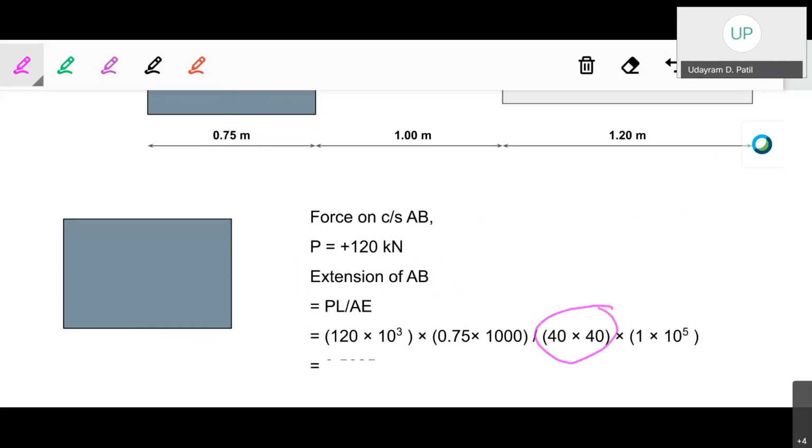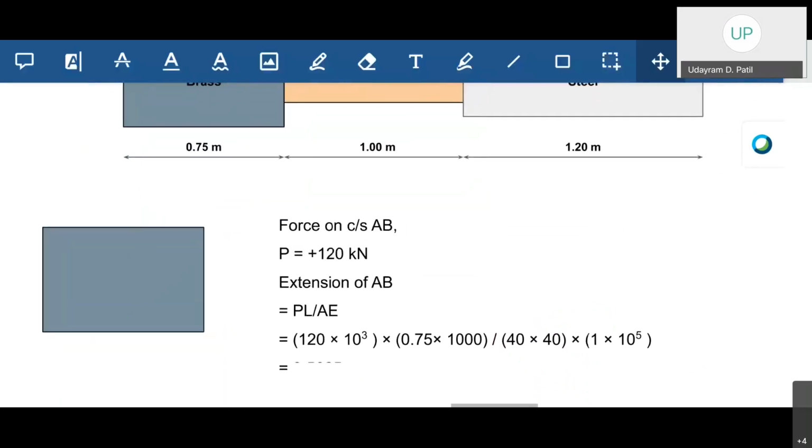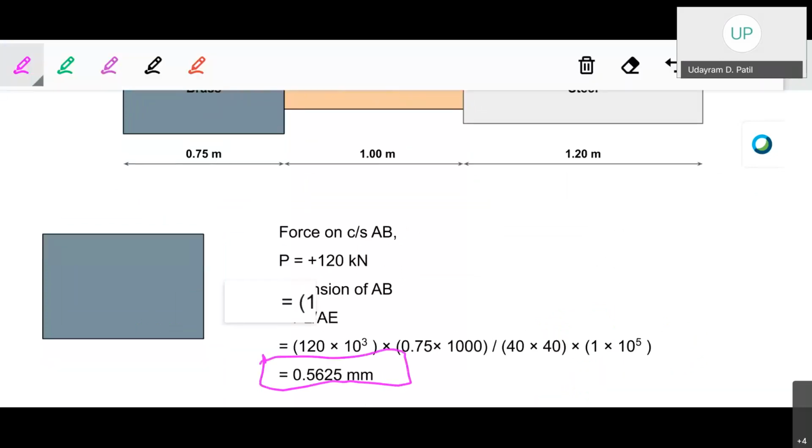The area is 40 by 40 and Young's modulus is 1 multiplied by 10 raised to 5. By calculating, you can easily find the extension, or change in length, of AB, which is 0.5625 mm. Again this value is positive, meaning this particular value is an extension.